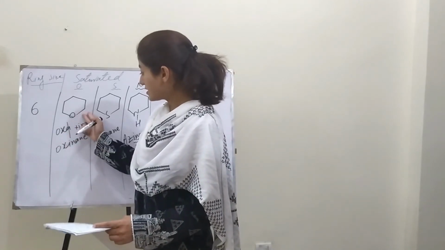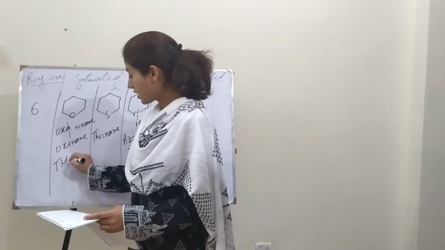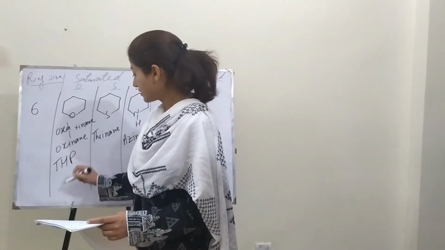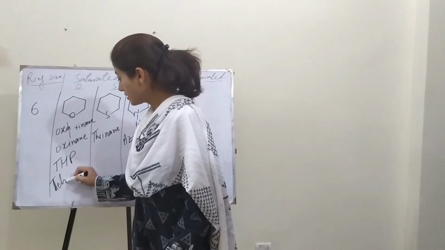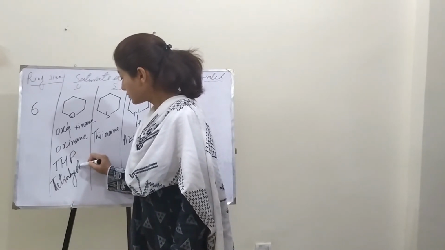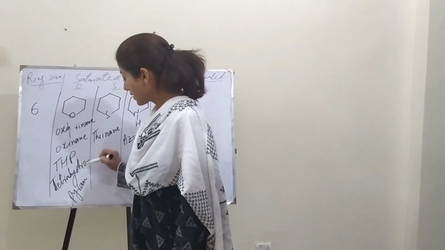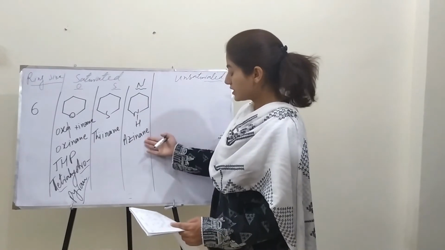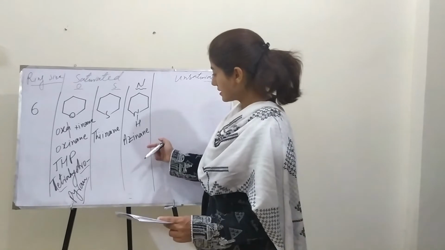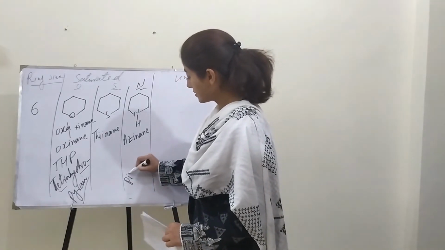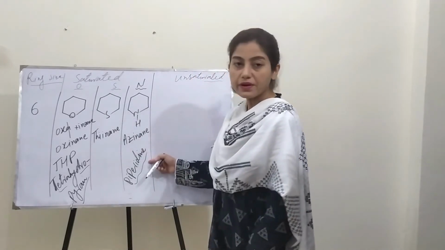For this oxygen containing 6-membered ring, its common name is tetrahydropyran. And for the nitrogen containing 6-membered saturated system, the common name is piperidine.